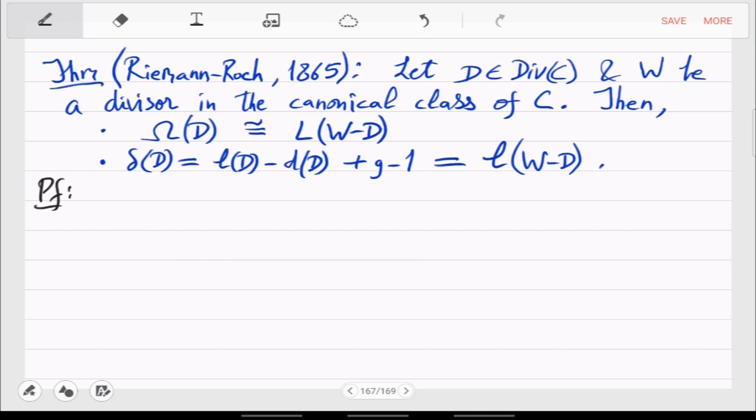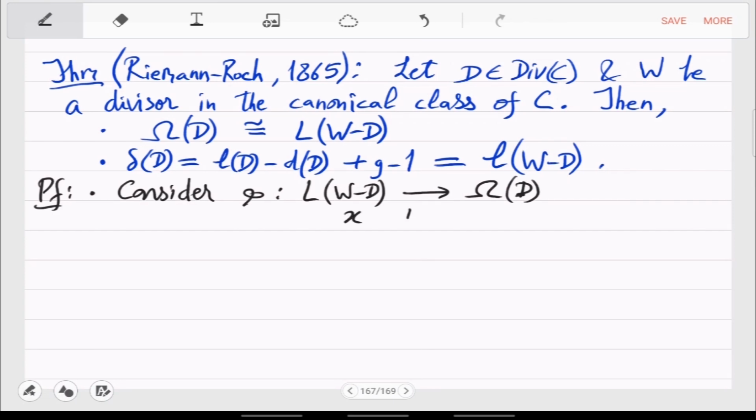So we'll just give you the map, right? Consider phi, which sends a function to, as before, x omega.